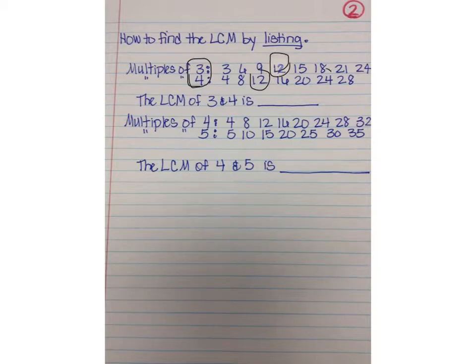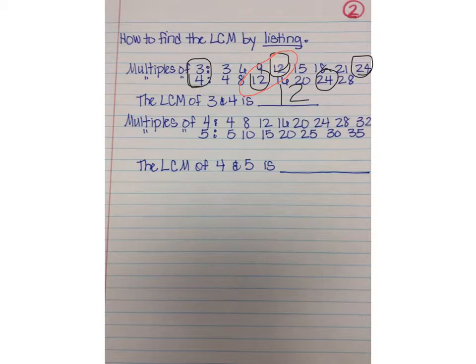We have a 24 here and a 24 here. And then after you circle all the common ones, you're going to look for the lowest number of those. So the LCM of 3 and 4 is going to be the lowest number, which will be 12. So the LCM of 3 and 4 is 12.